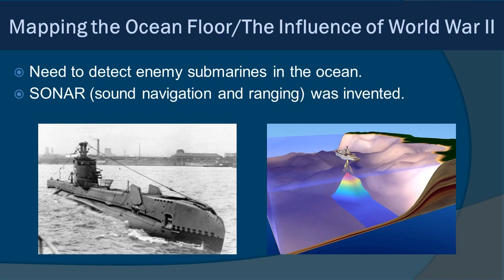Not only did this allow military vessels to try and find submarines, it also allowed scientists to start to map the deep ocean floor. Now, at the time, people really didn't know much about the ocean floor. They didn't really even know how deep a lot of the ocean was.